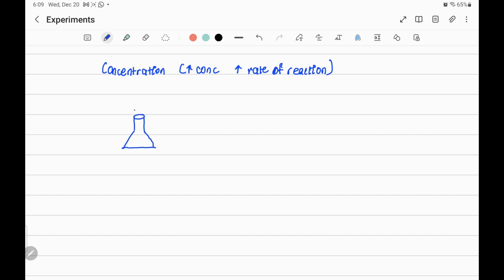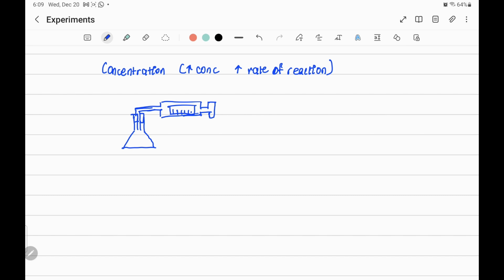You're going to have a bung over here. Guys, this is one bung, but because I need to draw the gas syringe. Right, and you're going to have a gas syringe here.